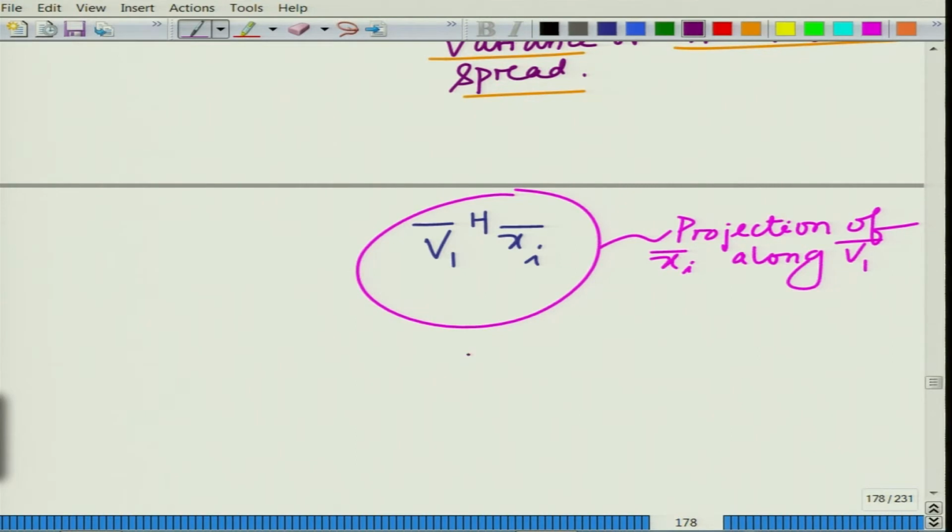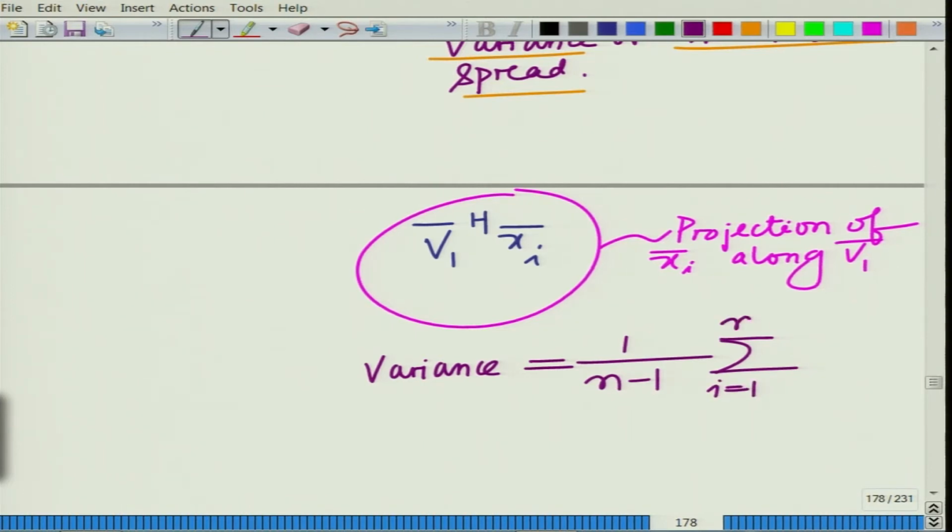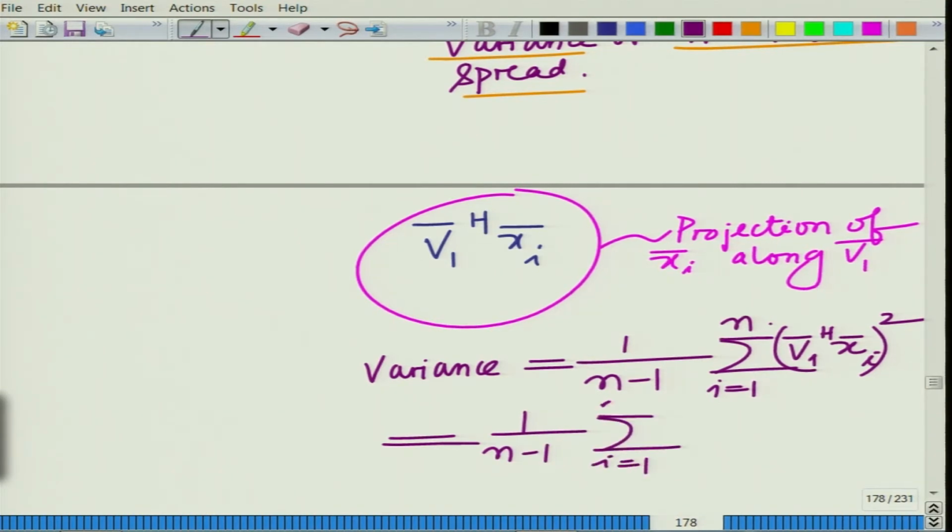Now we have to evaluate the variance. Now the variance, as you know, can be evaluated as 1 over n minus 1 summation i equal to 1 to n of V1 bar Hermitian xi bar squared, which is 1 over n minus 1 summation i equal to 1 to n of V1 bar Hermitian xi bar, or we can call this the transpose.